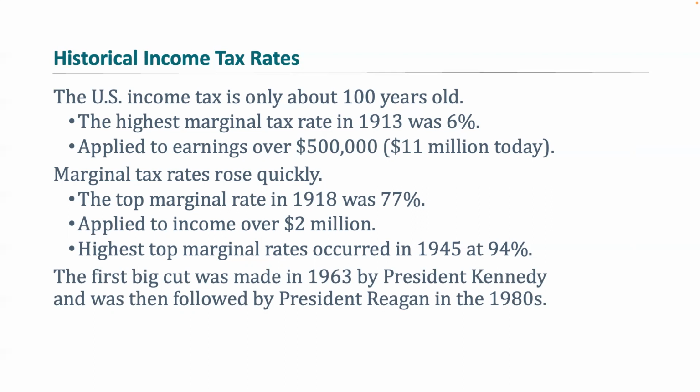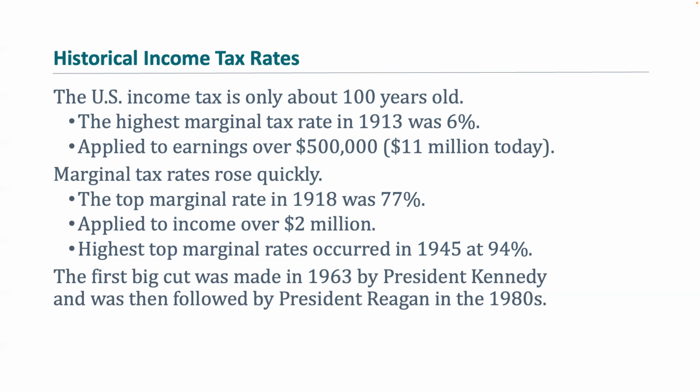Prior to 1913, most taxes were generated by import tariffs. And in 1913, the passage of the 16th Amendment allowed the government to go ahead and collect an income tax. The 6% marginal tax rate only applied to people like Henry Ford, Andrew Carnegie, and John Rockefeller, so people that were making quite a bit of money.